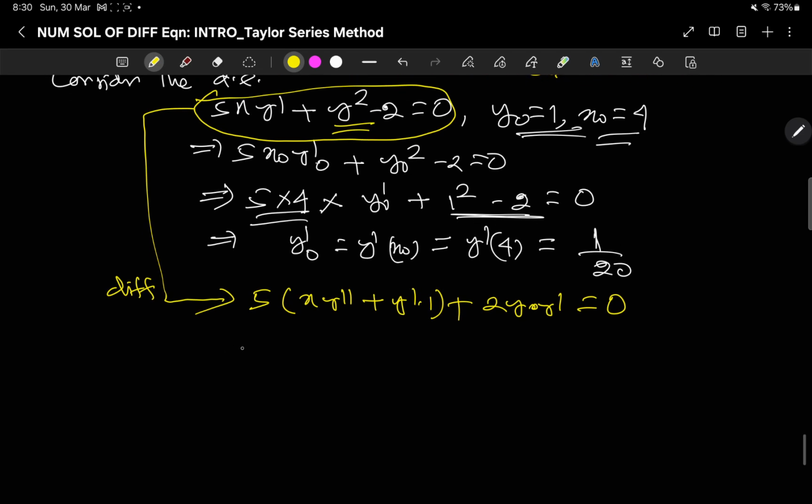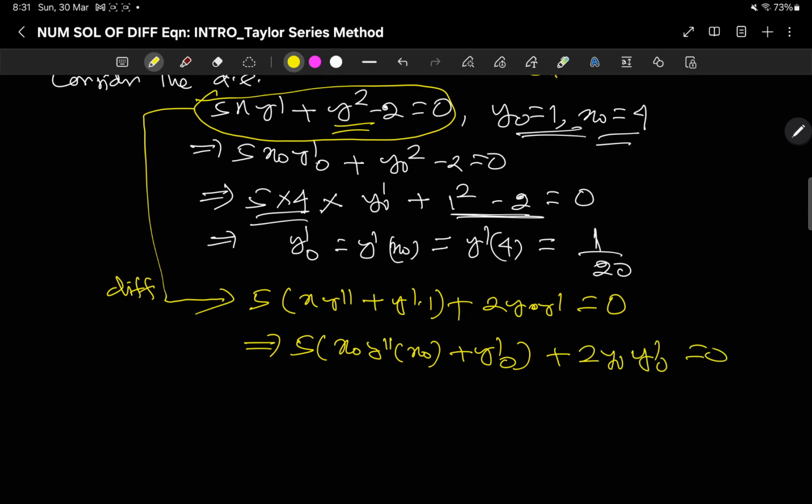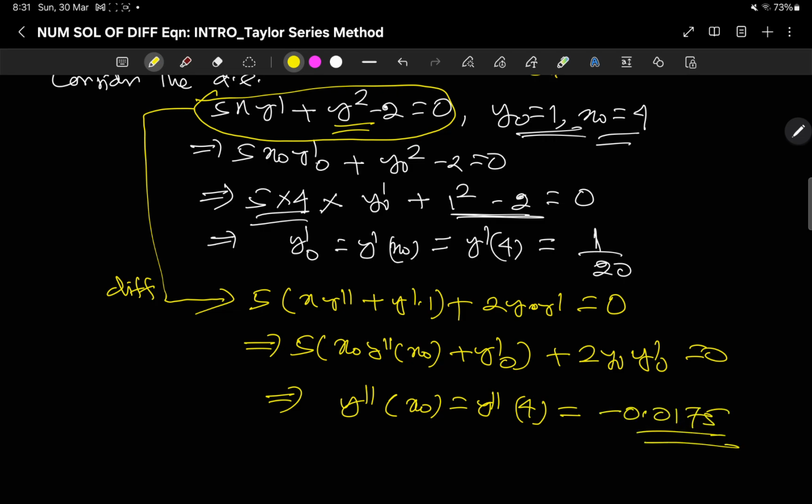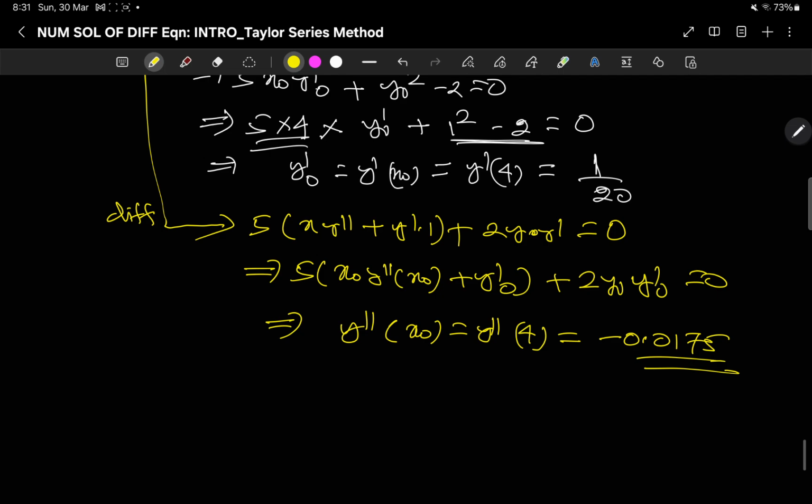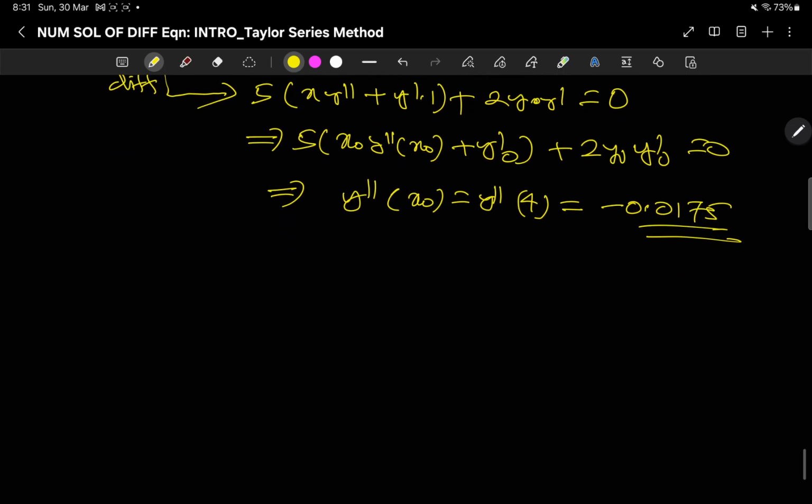And you simplify it, which implies 5x0 y''(x0) plus y'(0) plus 2y0 y'(0) is equal to 0, and if you simplify it you will get y''(x0), that is y''(4), is equal to minus 0.0175.